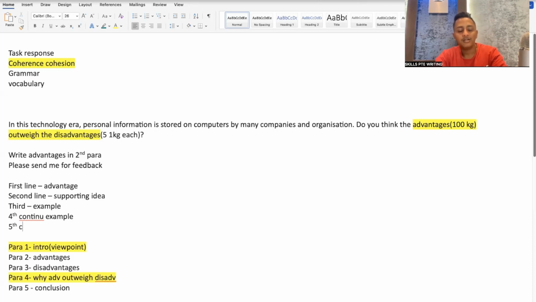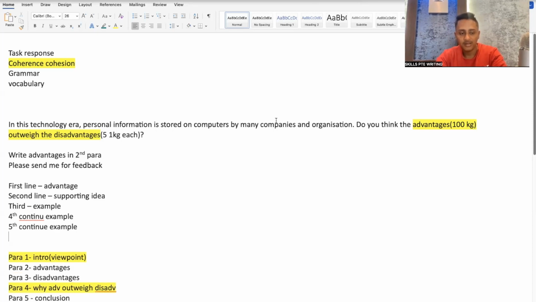Fifth, continuation of example. Sixth, continue or end. Minimum this much I need. At any cost, this has to be the structure. Don't simply write 4 lines, 3 sentences, 2 sentences. No, these are all the number of sentences.